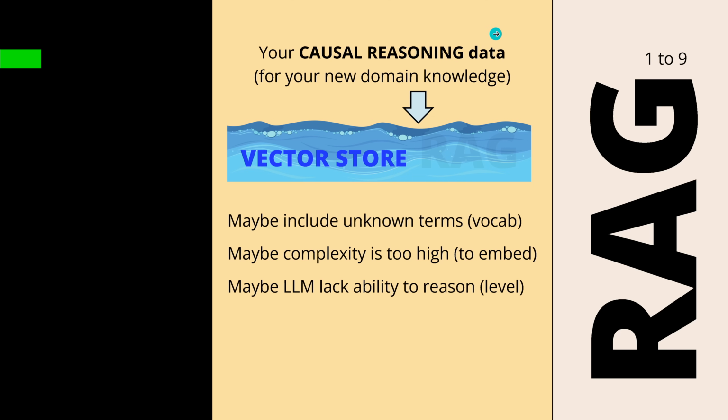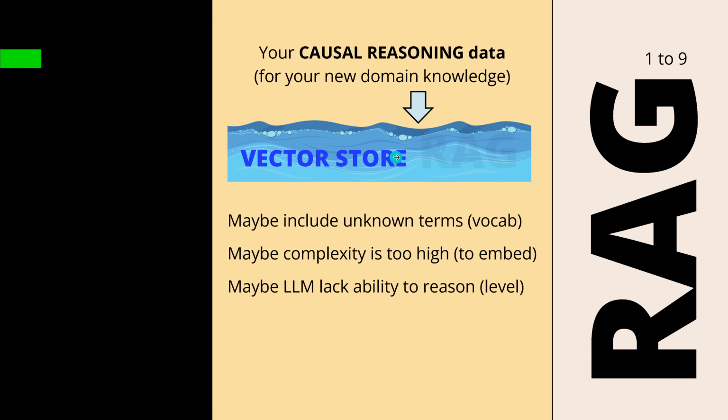You provide this new data into your, whatever you call it, body of vectors in a vector store with an index. So you take all your causal reasoning data and you just dump it into the vector store. And Databricks will be happy because they're going to tell you, hey, we have a solution for data lakes. But no, we are not talking about Databricks. We are talking about here the normal RAG system.